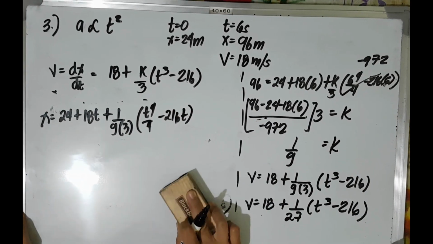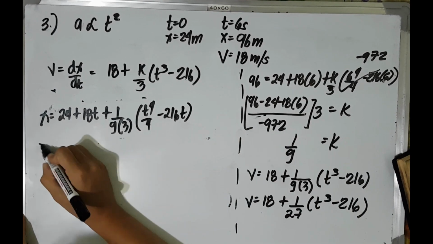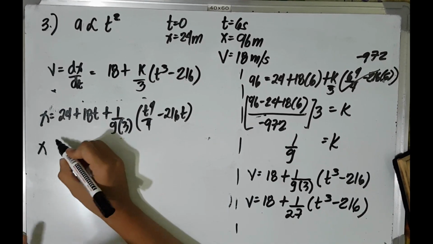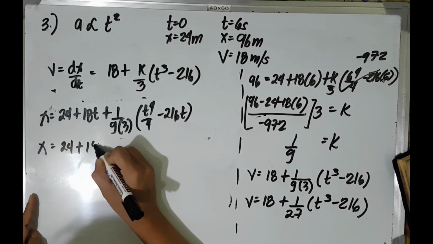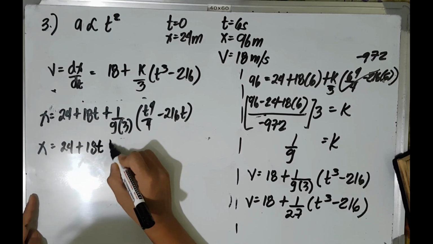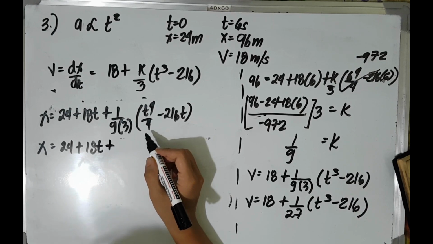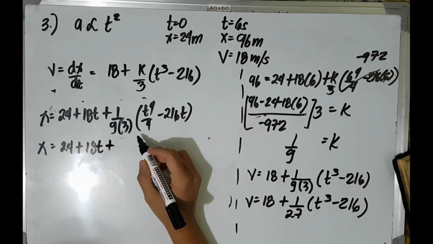x is equal to 24 plus 18t. So 1 all over 27 multiplied by 4.